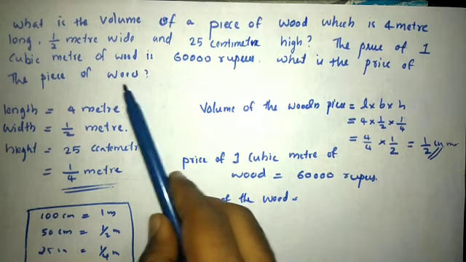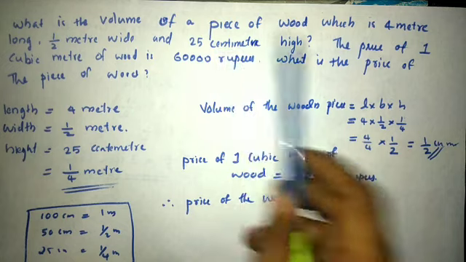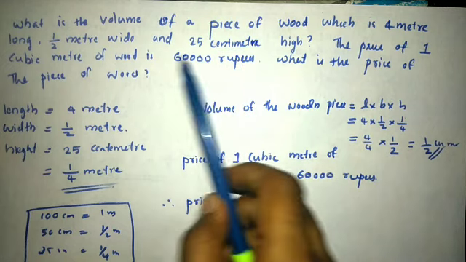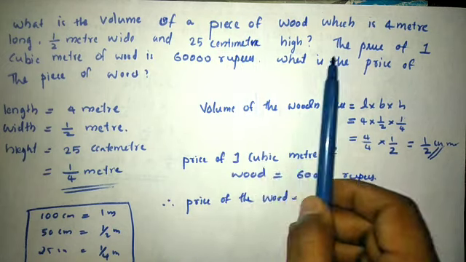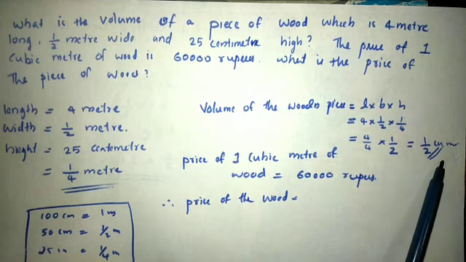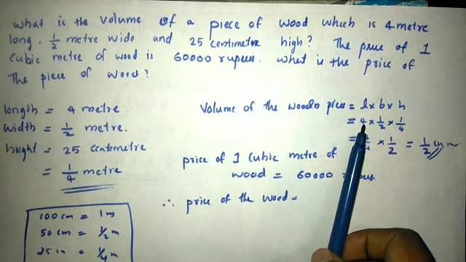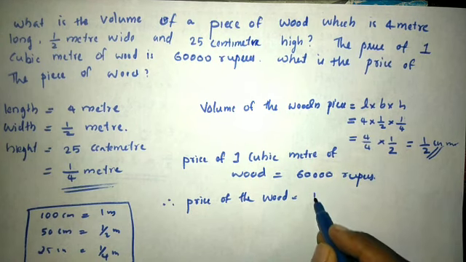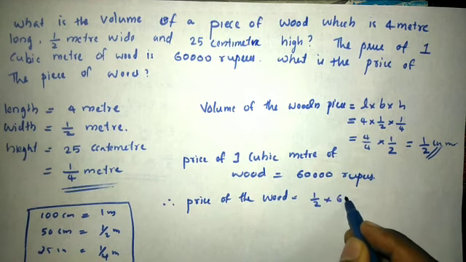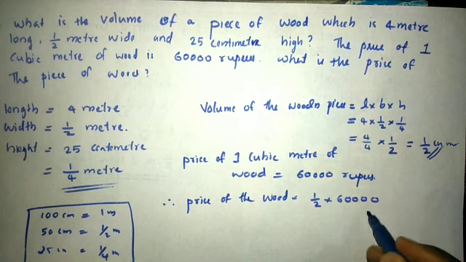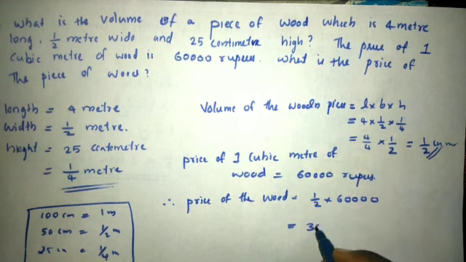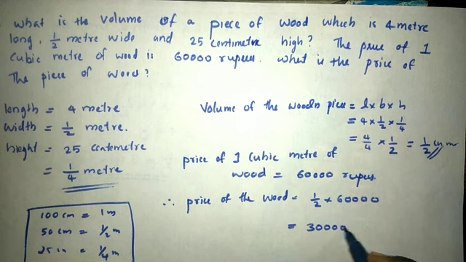So what is the price of the piece of wood? 1 cubic meter is 60,000 rupees, and what is the price of half cubic meter? The price of wood is half into 60,000, which is equal to 60,000 by 2, 30,000 rupees.